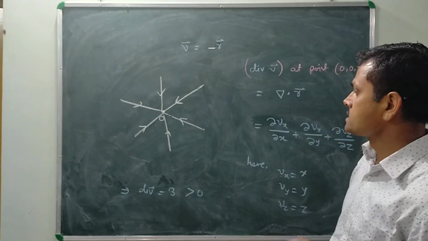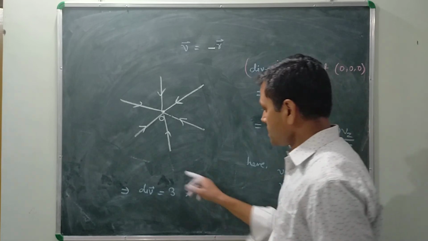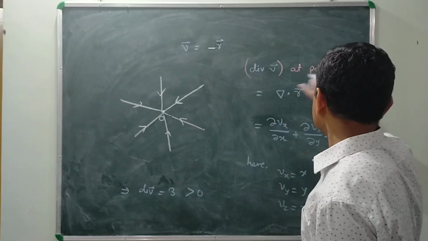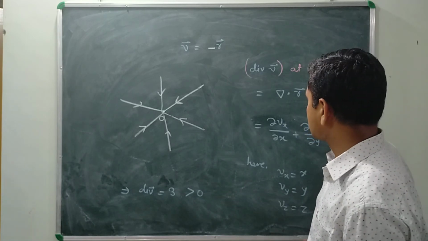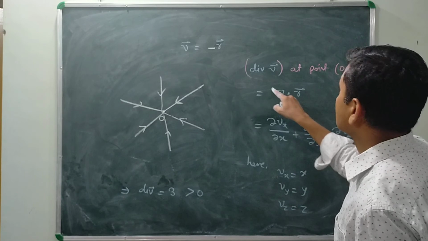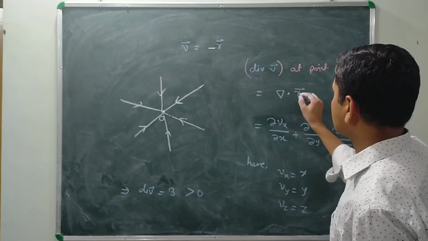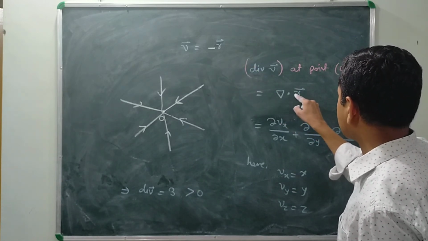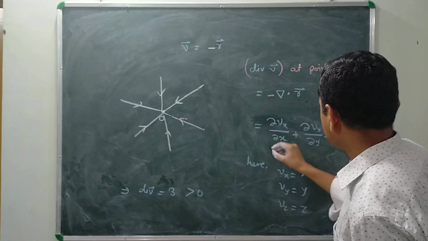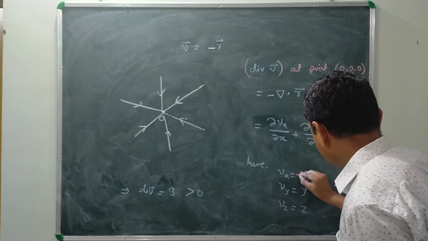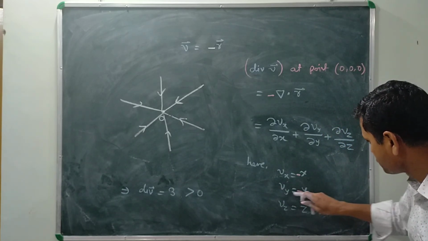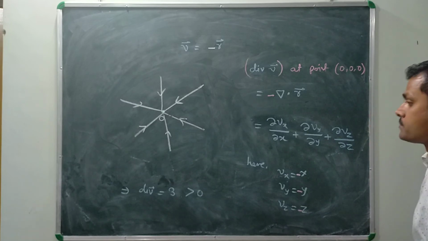So in the first example, we see that the divergence is positive at this point, whereas in the second example, the divergence of vector V will be the divergence of minus vector r, where Vx is minus x, Vy is minus y, and Vz is minus z.